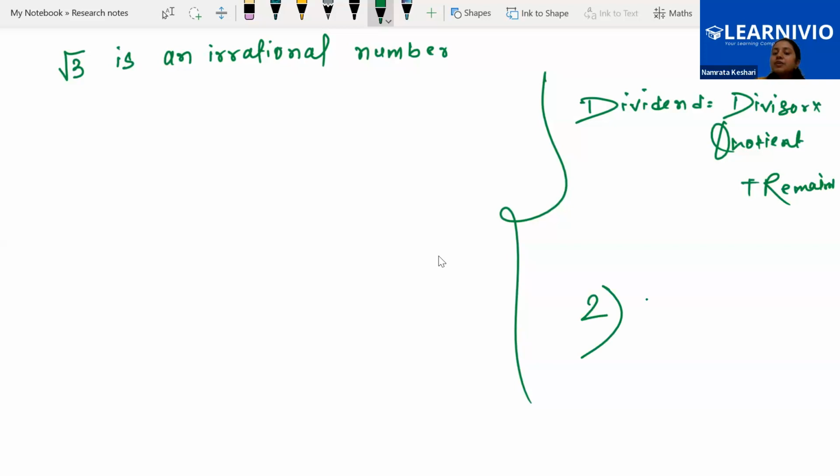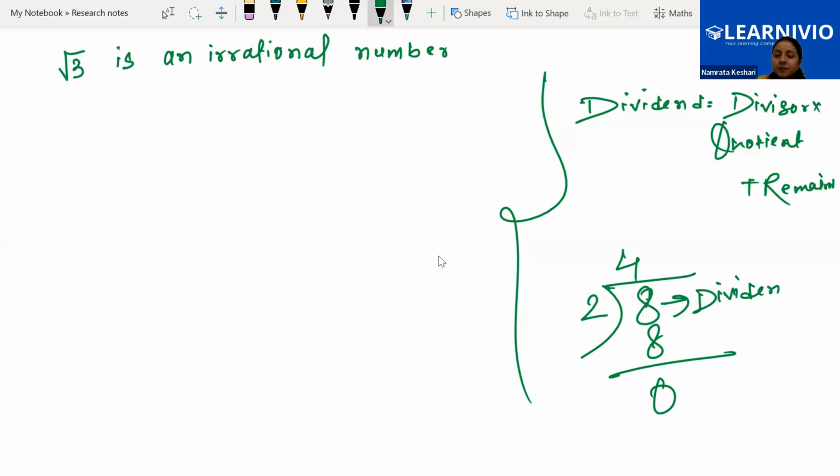Let's say we are talking about 8. 2, 4 times 8. Remainder is 0. This is our dividend. This is our divisor. This is the quotient. And remainder, you already know, the bottom one, 0 is the remainder.